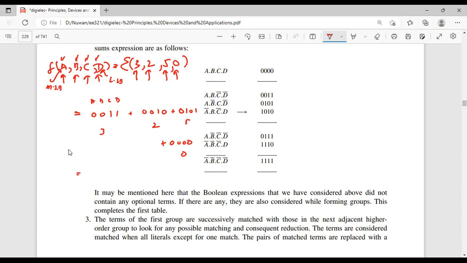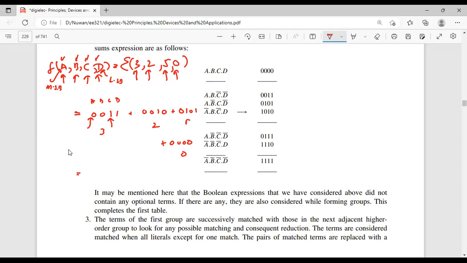So this is a sum of product. You have to use the complement for 0 and the true value for 1.